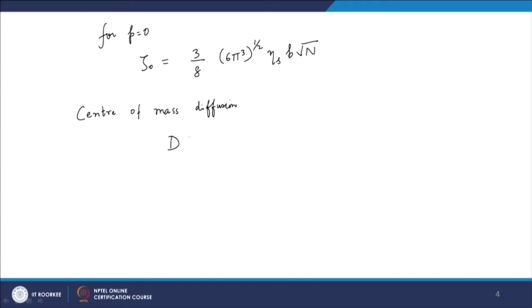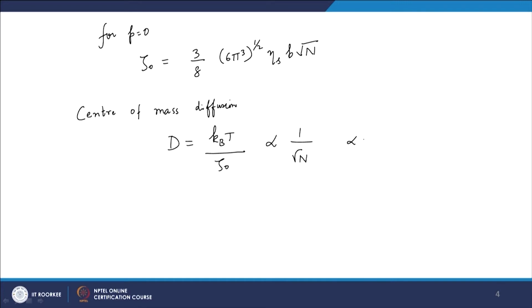So, we have D equal to k_B T by zeta naught, which now is proportional to 1 by square root of N. That tells me that the diffusion still decreases with N, but with an exponent 1 by 2, the exponent that we have for Rg in theta solvent.